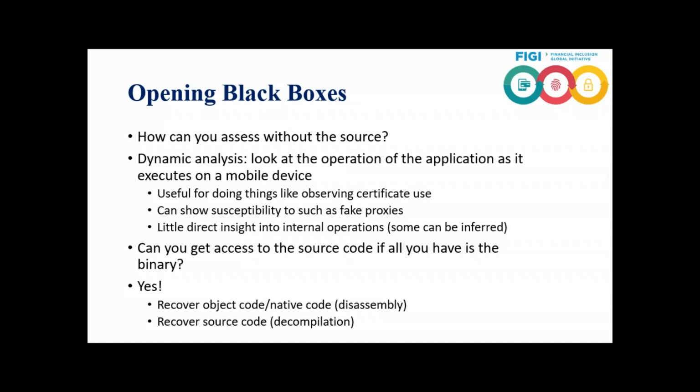The code is really the means by which you understand the application's activity. Now, the next question is, let's say I don't have the source code. If all I have is the binary, for example, an Android app that I've downloaded from the Google Play Store, so I have an APK file, or I've received that from whoever my developer is.